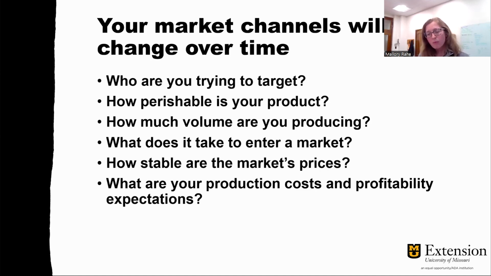But we also just want to think about what our production costs are. So we're going to take a look at that a little bit today, but we have a video to help you go deeper. But then also your profitability expectations. And this tool was motivated by working with producers that had found one market channel that worked for them, but they wanted to go into other channels.